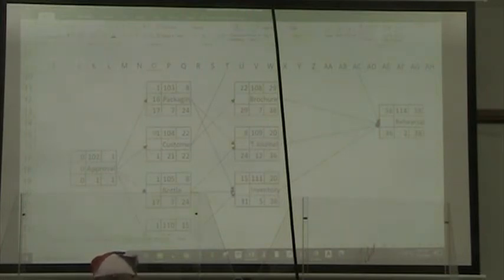We come down to identify customers, equals late start minus early start, and that's 0. Okay, that's going to be important in a minute. All right, we come down to designing the bottle, equals our late start minus our early start.